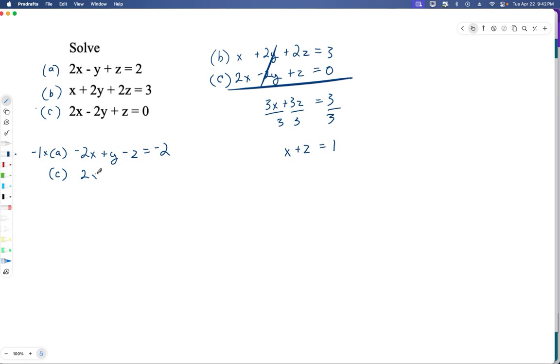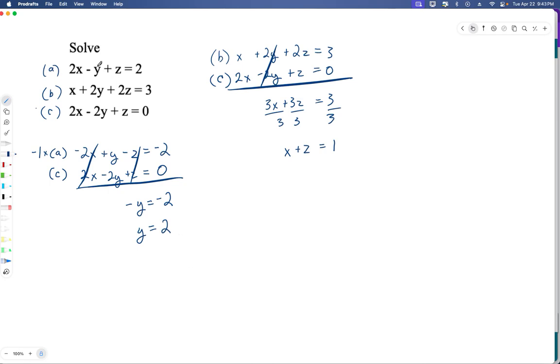So it's 2x minus 2y plus z is equal to 0. That allows me to cancel my x's and my z's, and I get a negative y is equal to negative 2. So when I multiply both sides by negative 1, y is equal to a positive 2. So now I have something that I can use to solve.